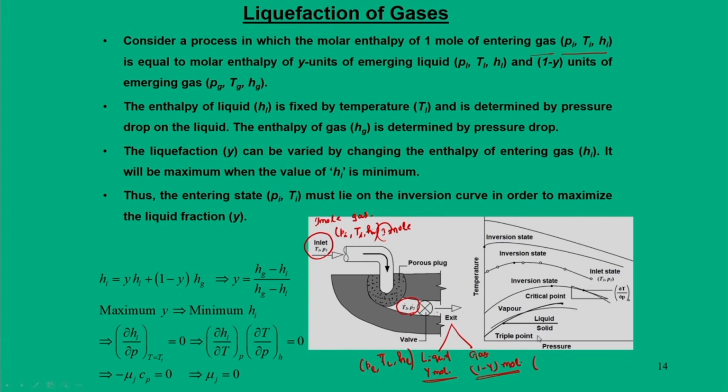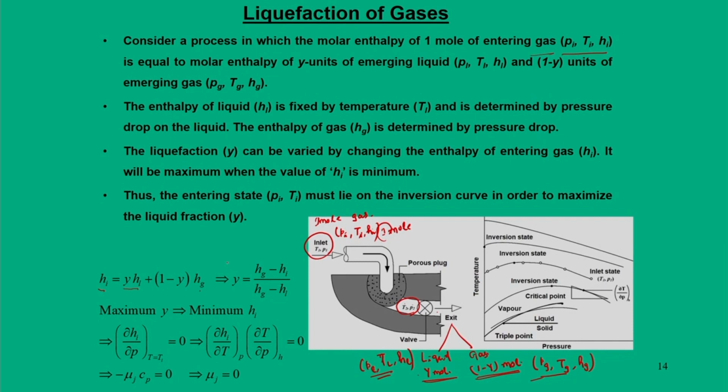And for the gas phase, for which 1 minus y mole of gas is produced, we have Pg, Tg, that means the saturated temperature of the gas, and Hg. So, these are the saturated values. Now, the fundamental equation is that the initial enthalpy is equal to y times the enthalpy of the liquid phase plus 1 minus y times the enthalpy of the gas phase.